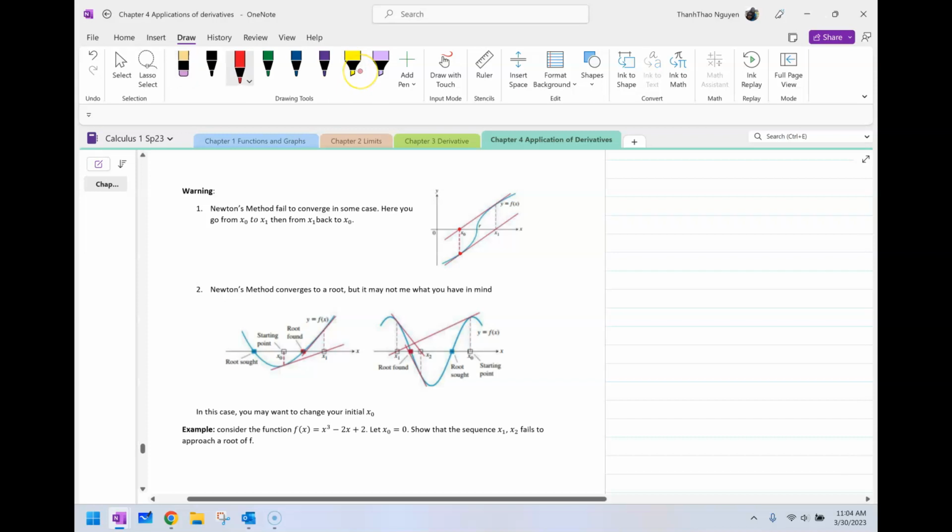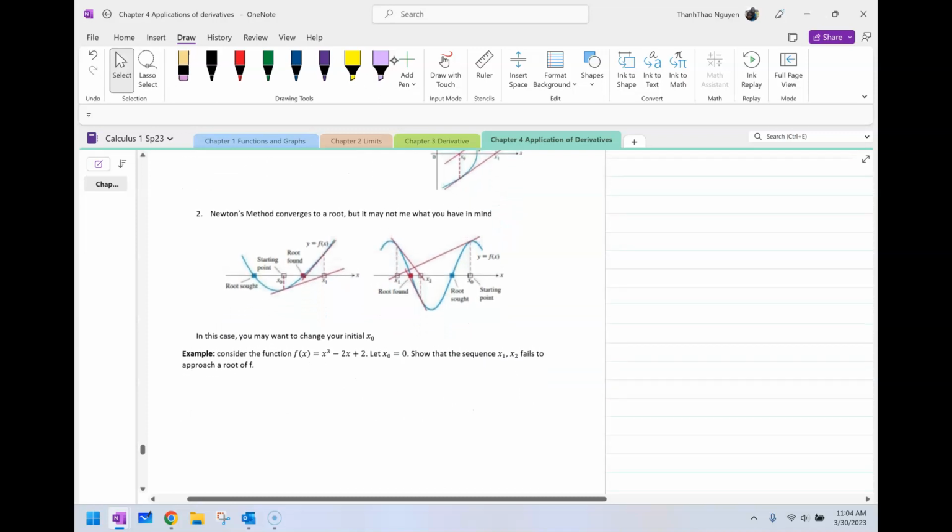It intersects the x-axis at x1. But then when you calculate the tangent line at x1, it bounces right back to x0. This happens in some cases. That means you need to pick a different value for x0 in order to make this work.